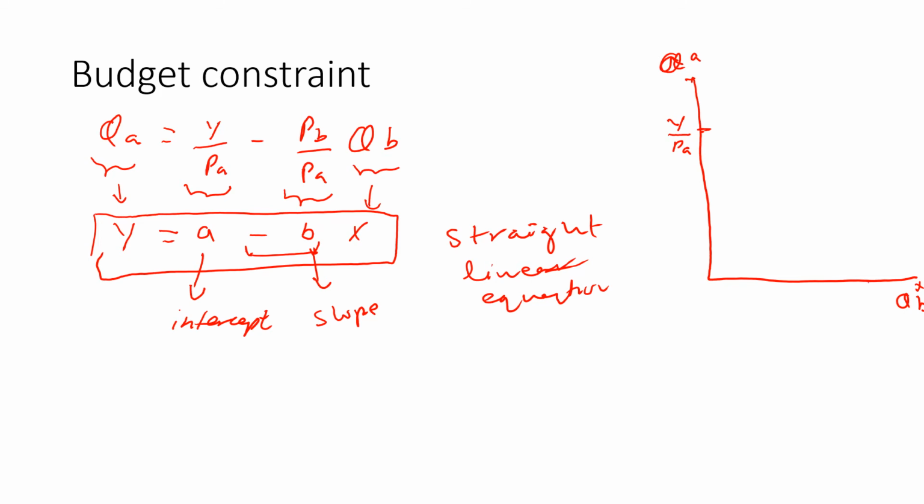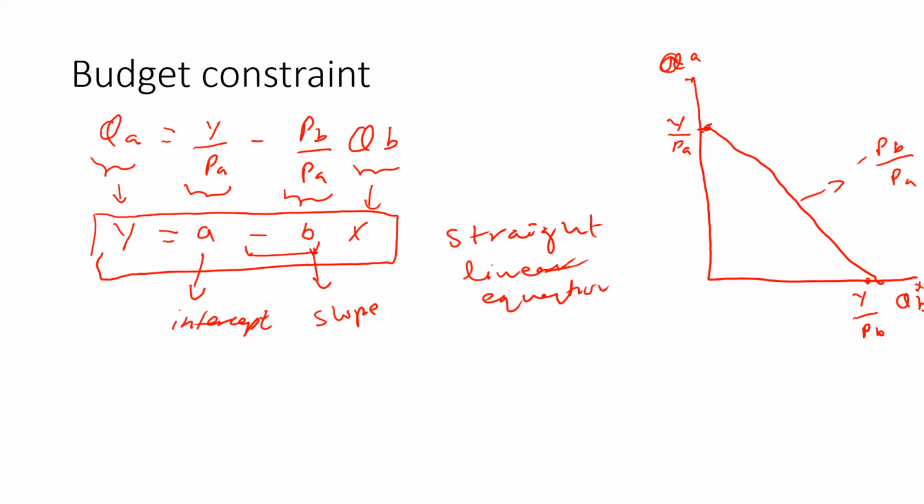This intercept term over here, if we also write the second equation, this will equal y over PB, and there is a straight line joining the two. The slope of this equation is decided by minus PB over PA. So if PB is increasing, the slope of this line will increase. If PA is increasing, the slope of this line will decrease.